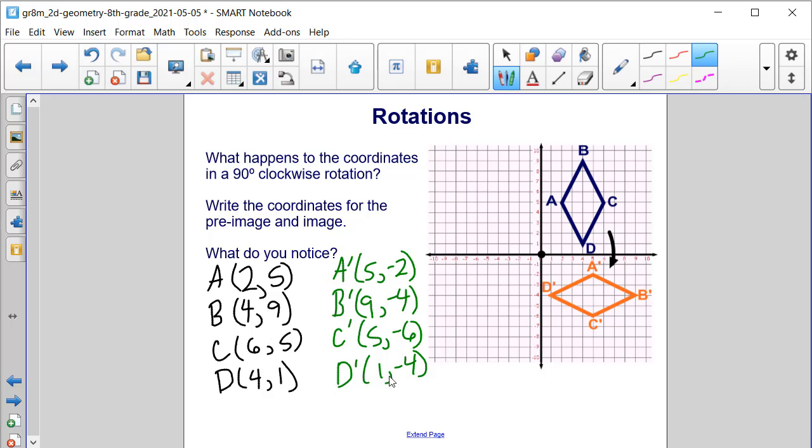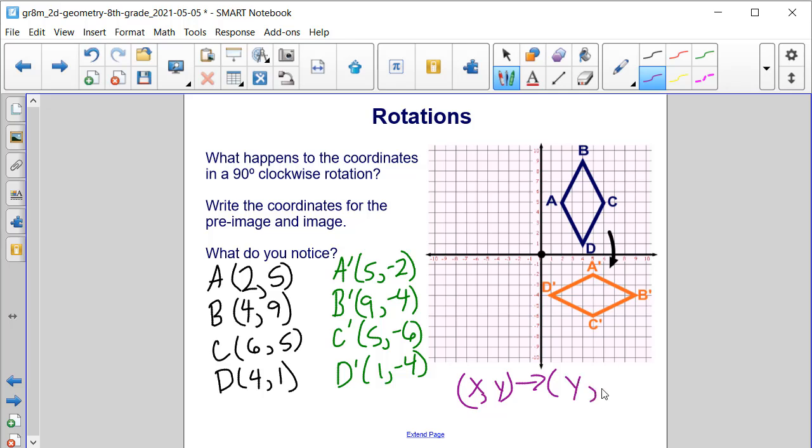So I started to see a pattern, and I used it to get my coordinates for point D prime here. Notice (2, 5), they switch, and then it looks like the second number becomes negative. So we are going from (x, y) to the x and y coordinates switch.